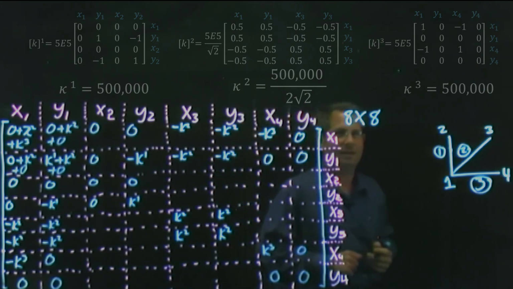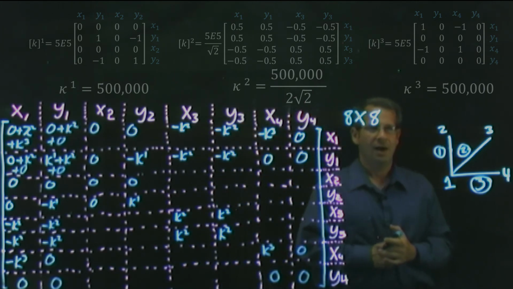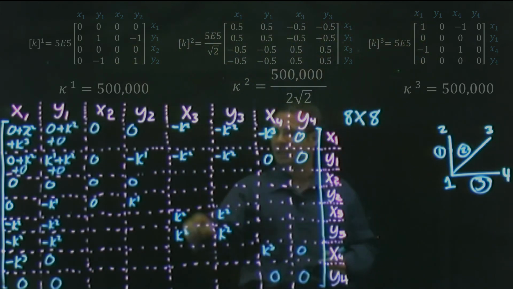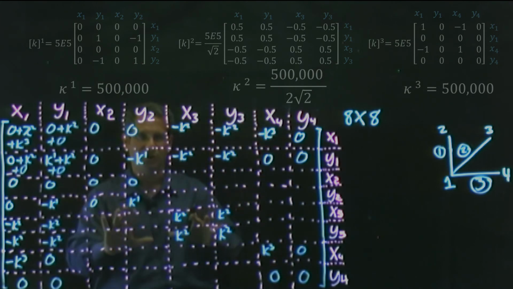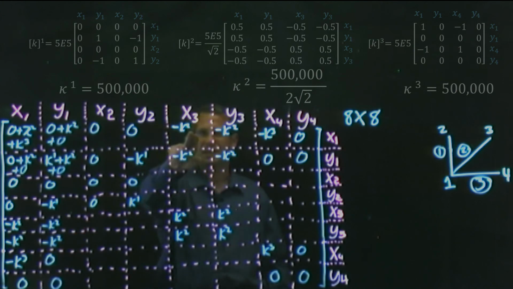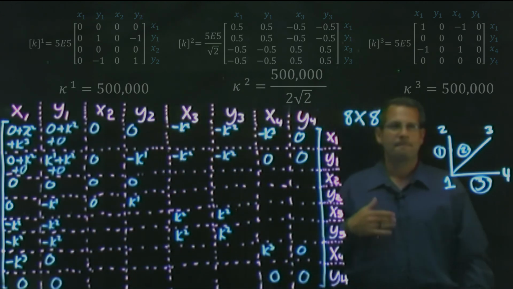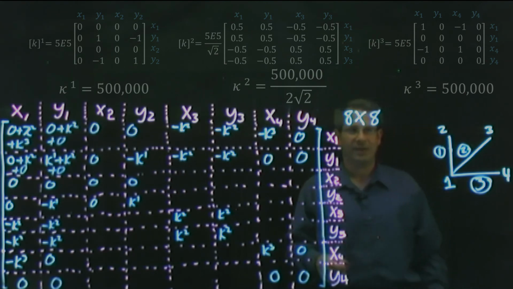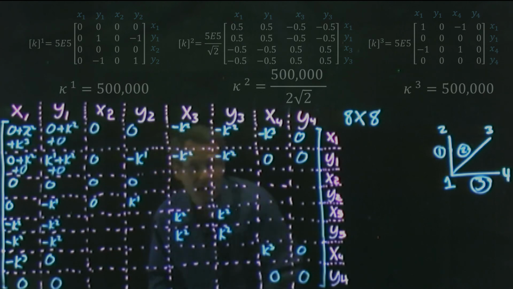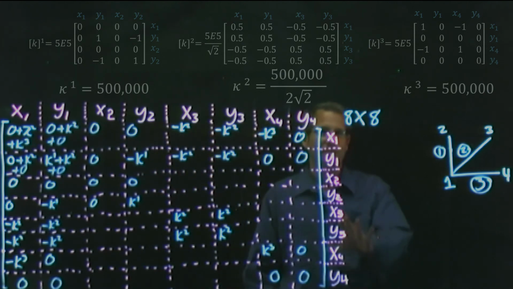I'm done filling in all the information I got from the 3 local stiffness matrices. Anywhere I don't have any values, these will all be zeros. You'll note again the structure, if I did this correctly, which it looks like I did, is symmetric.